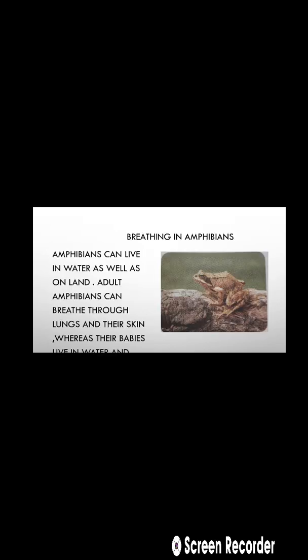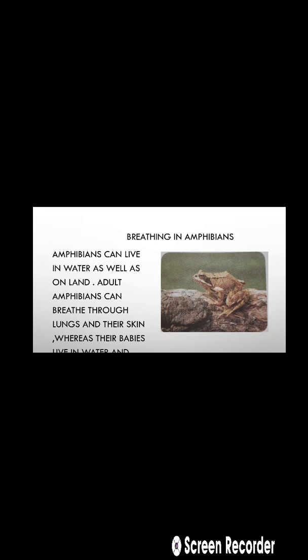Now, breathing in amphibians. As we know, amphibians can live in both places, in water as well as on land. When amphibians live on land, they breathe through their lungs.